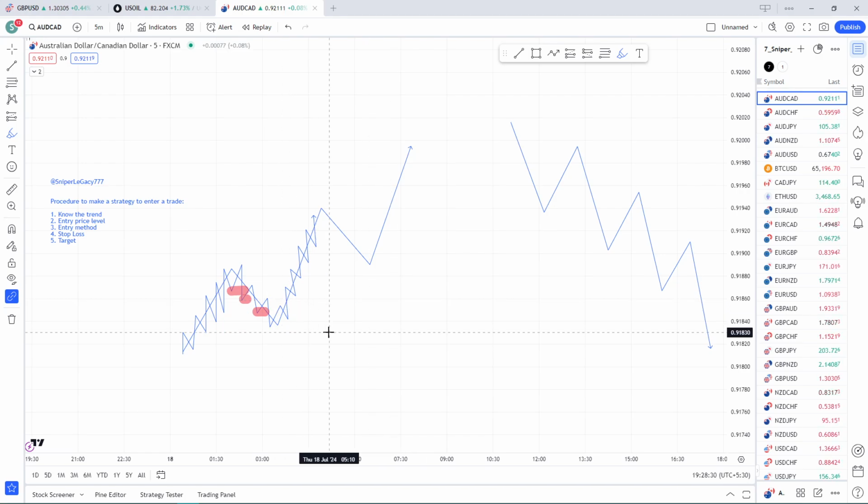There are so many entry methods, but when we are building a strategy, we need to think about what can be the potential entry method so that the strategy gives higher win rates rather than frequently hitting SLs. So we need to know the trend first, then the price level we need to enter based on the trend, then the entry method, how you are going to enter the trade, and then stop loss.